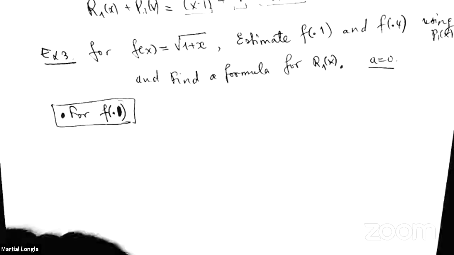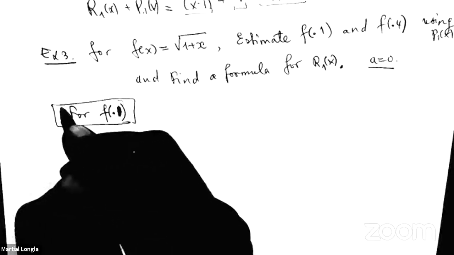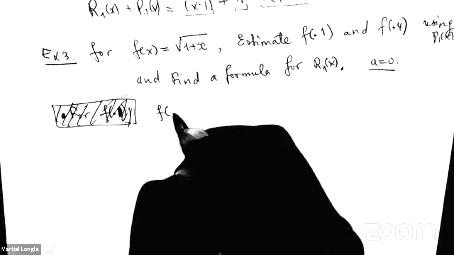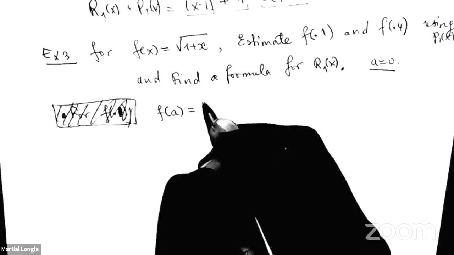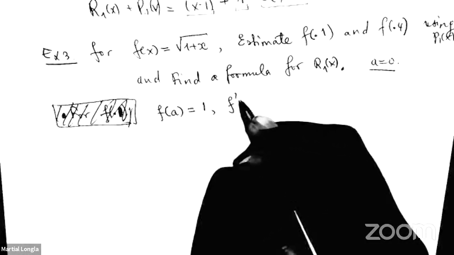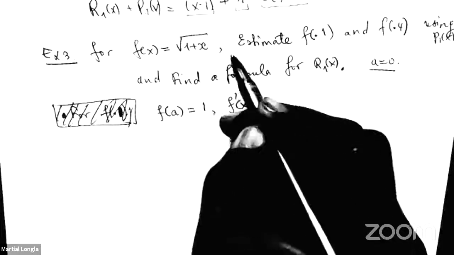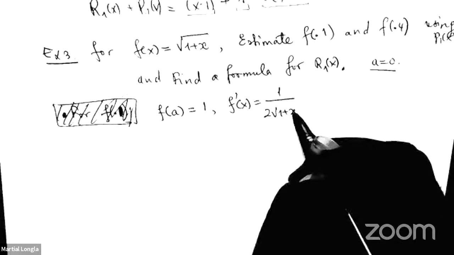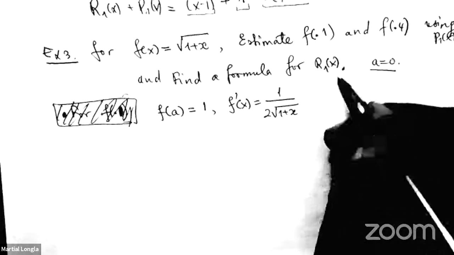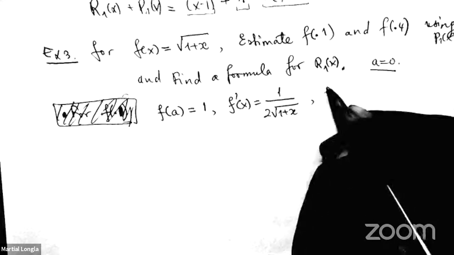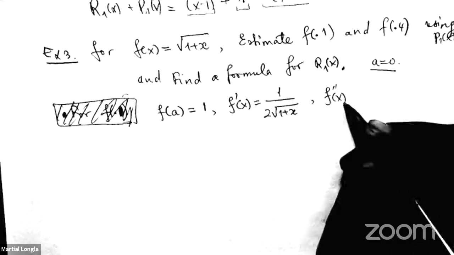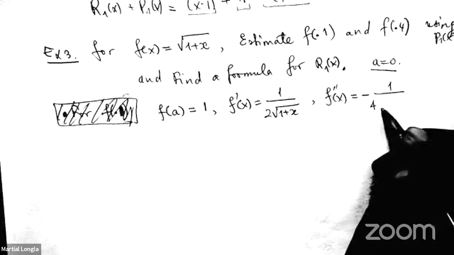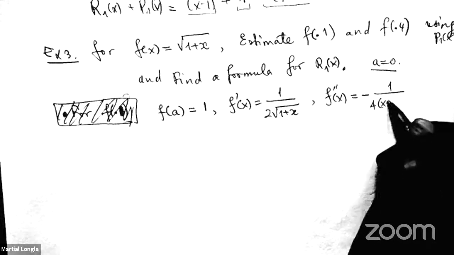That can be done in general for both, okay? So we can leave that out first, and you get f of a, that is 1, right? F prime of x, what is it? I had that as 1/2 times x plus 1 to the negative 1/2. And then second derivative, we need it as well. I had that as negative 1/4 times x plus 1 to the negative 3/2. That's right.